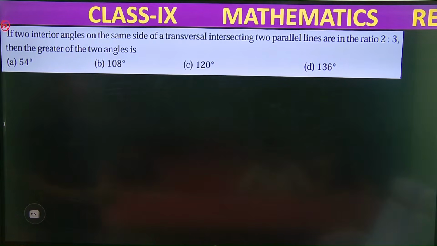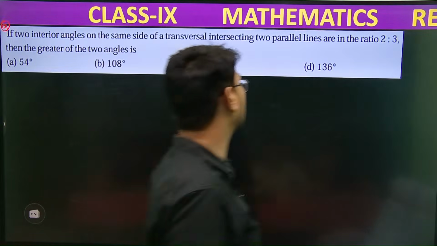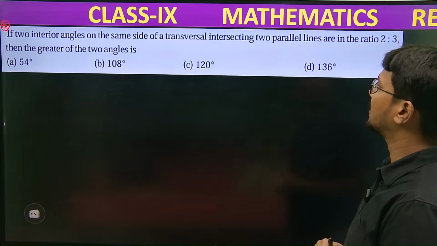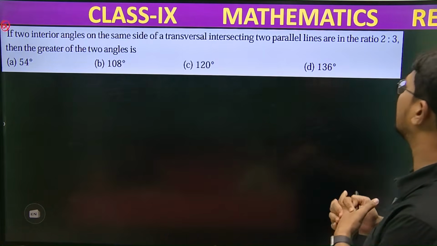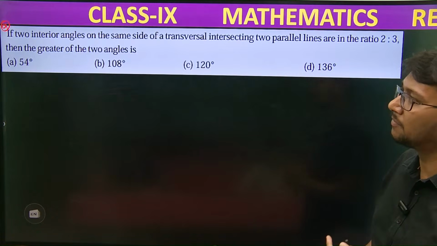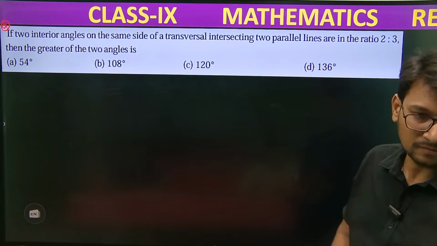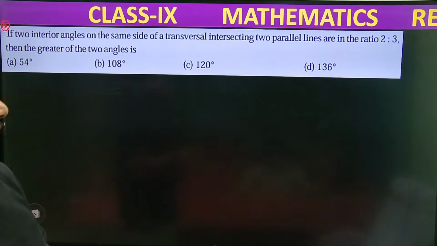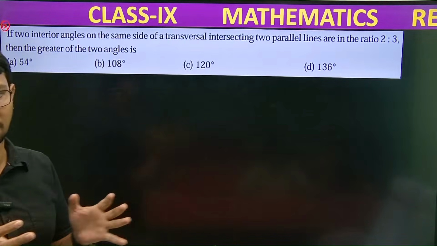If two interior angles on the same side of a transversal intersecting two parallel lines are in the ratio 2:3, then what is the greater of the two angles? Read the question calmly and use the property, then try to solve for the answer.